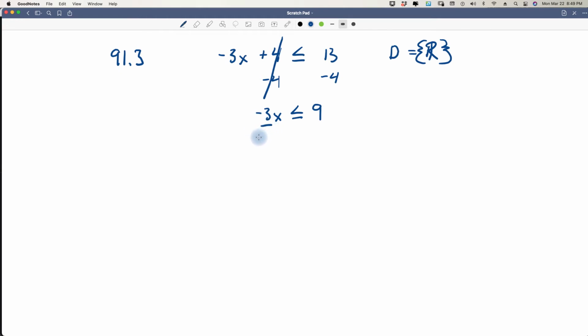Now, because we're dividing by -3, it's just like what we did before. If we divide or multiply by a negative, we have to flip the sign. So x is going to be greater than or equal to negative 3, because a positive divided by a negative is a negative. And it's going to be all of the numbers in the real number set.